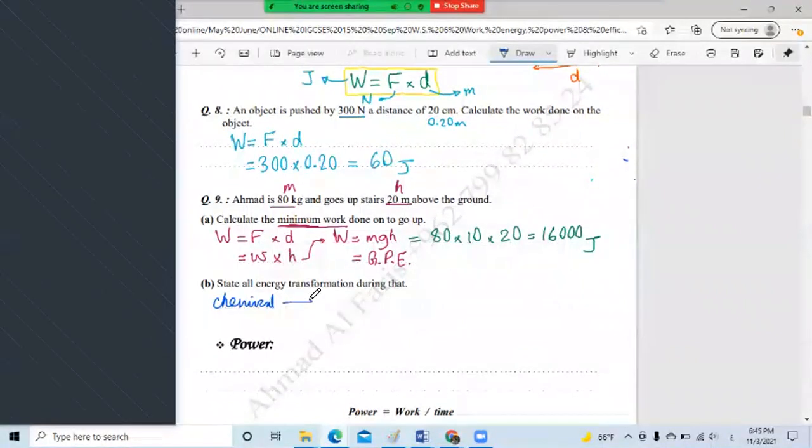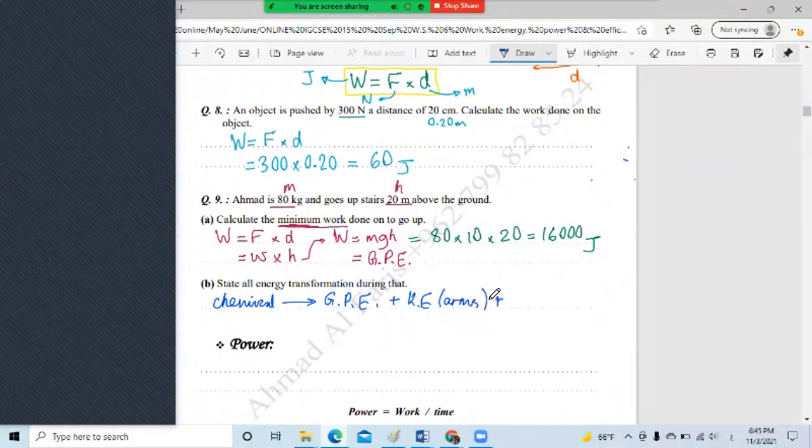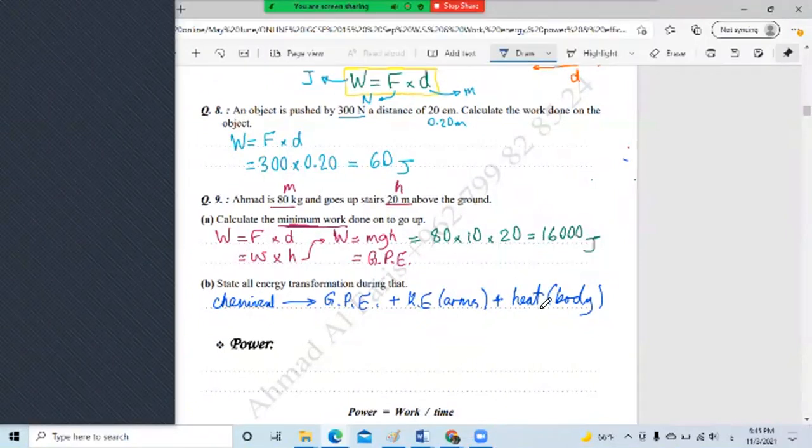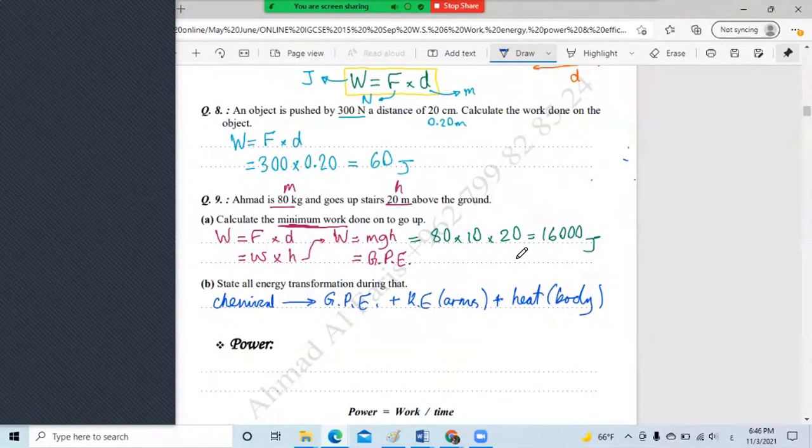This chemical energy is transferred to GPE, gravitational potential energy, plus kinetic energy in his arms, plus heat energy inside his body to warm up. All these are the energy transfers in his body. Maybe a little bit of sound, though not necessarily the steps produce sound. Maybe he's wearing good shoes that don't produce a sound.